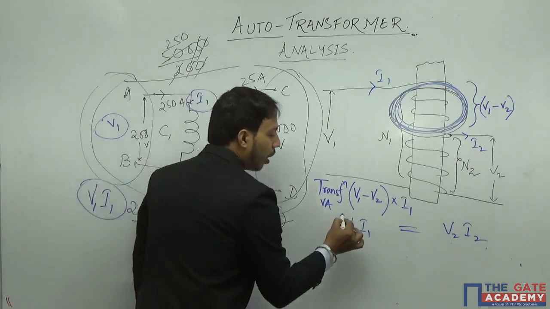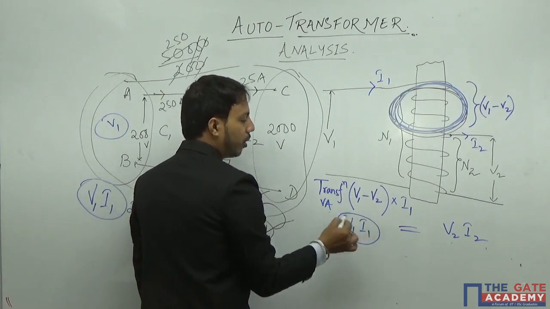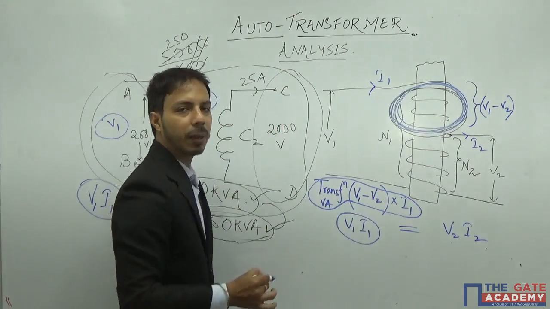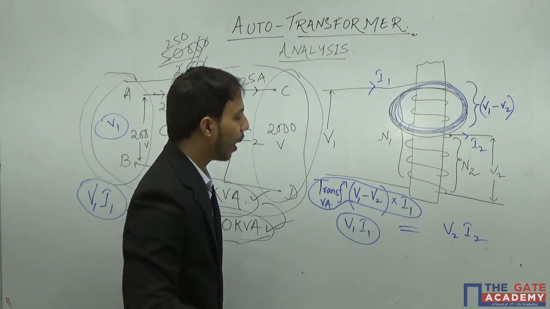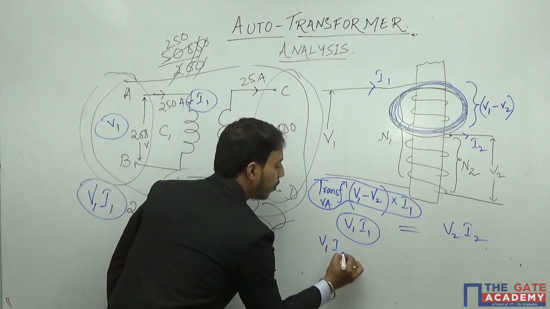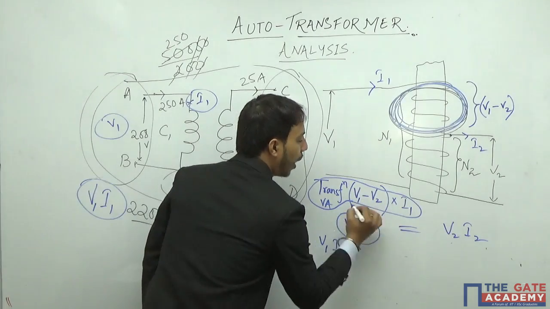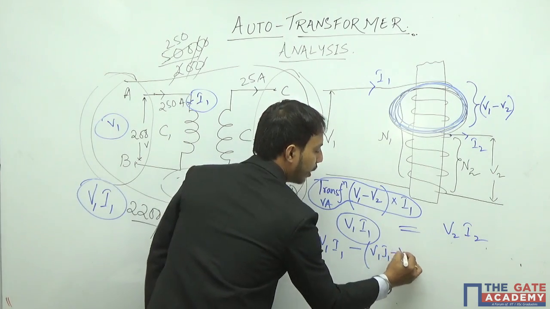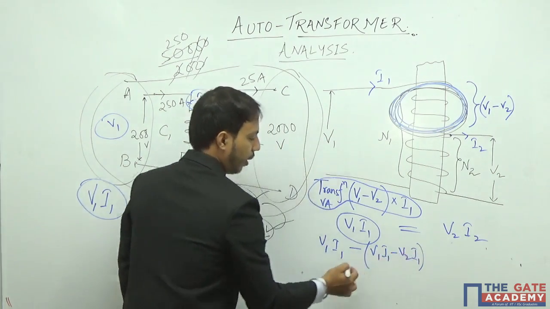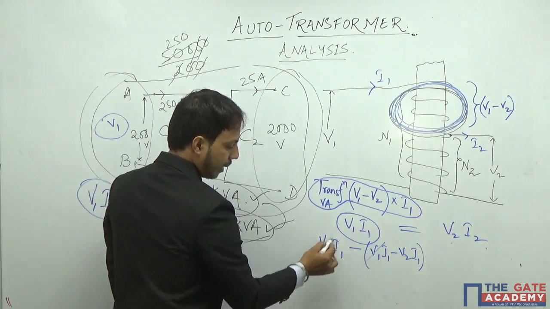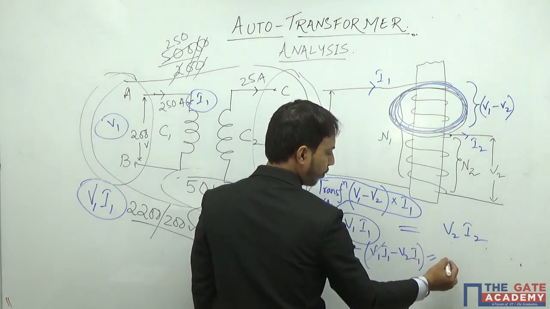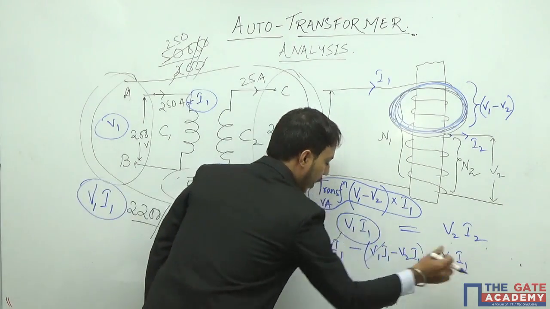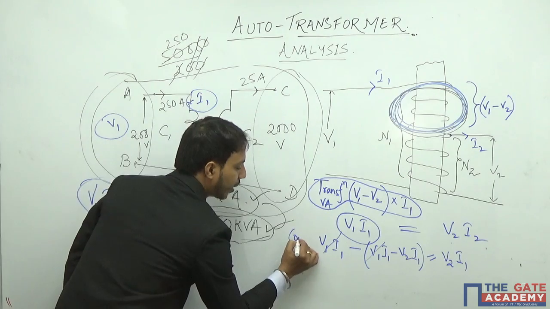That means out of this V1 I1, this much part is getting transferred by transformer action. So the rest of that part, that means V1 I1 minus V2 I1, will get cancelled, and you can see that V2 I1 is getting conducted.